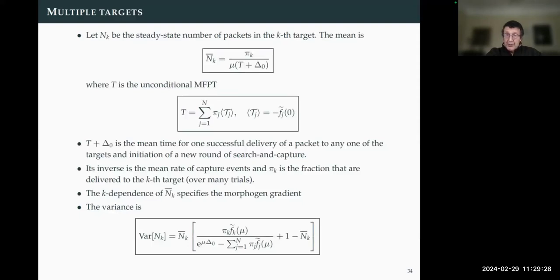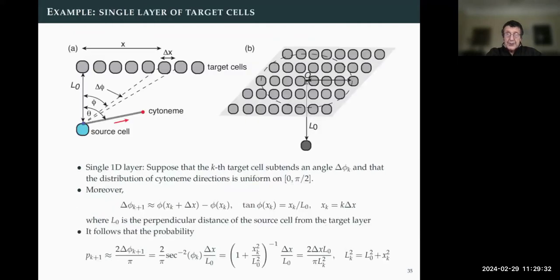Let me just show you a few results, and then I can stop for some questions. So this is how you now put it all together. You imagine a source cell. Again, you can look at lots of source cells and lots of cytonemes, but I just wanted to develop the conceptual framework in the simple case. Let's look at, for example, a one-dimensional array.